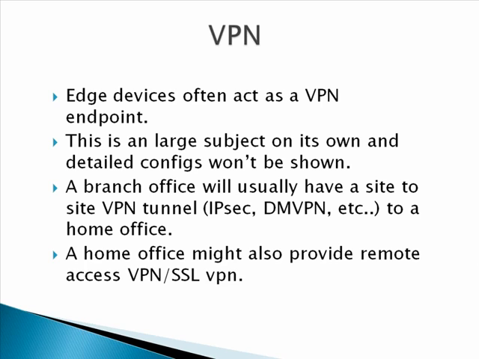In addition, branch office type networks usually have a site-to-site IPsec VPN tunnel, or they use something else like DMVPN. Great technology. Again, it's a subject all by itself. Home offices, like it says, might also do remote access and SSL VPN.